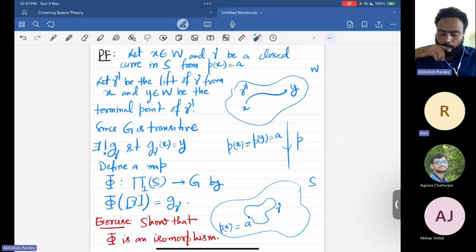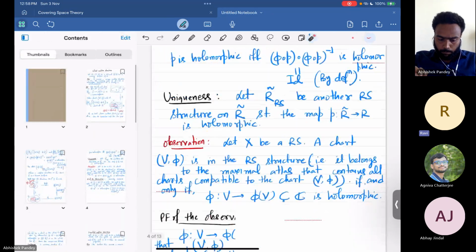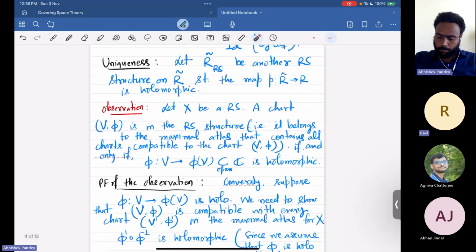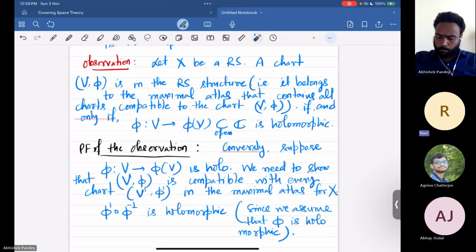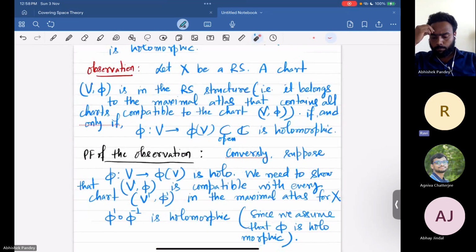I think on the second or third page, where you prove phi is holomorphic if and only if it is in some maximal atlas. Yes, this observation. Here you are saying phi is holomorphic from V to phi V. So in which chart?